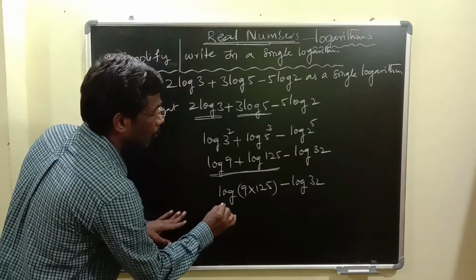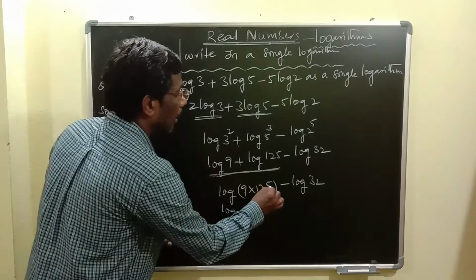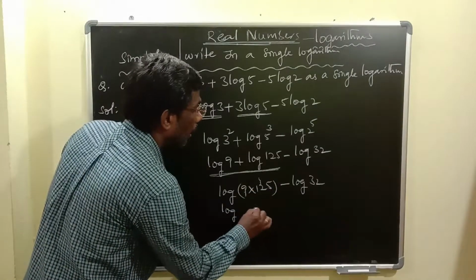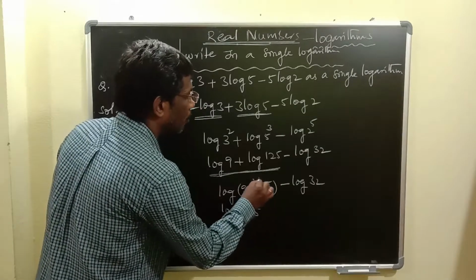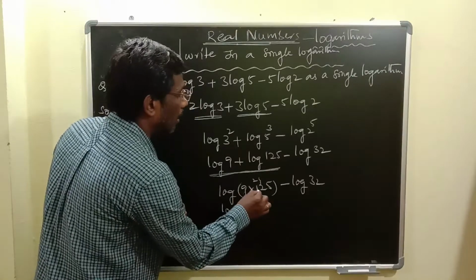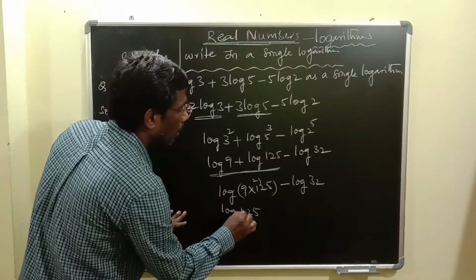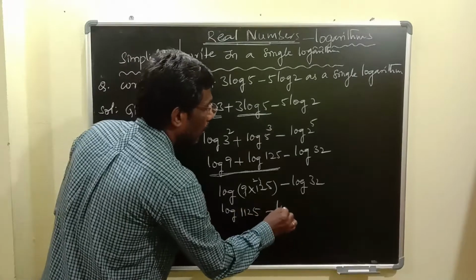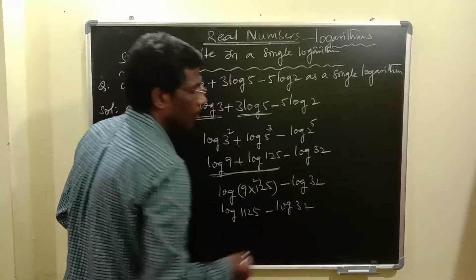If we multiply these two, we get what? 9 fives are 45, and 9 twos are 18, 18 plus 4 is 22, and 9 ones are 9, 9 plus 2 is 11. So log 1125 minus log 32.